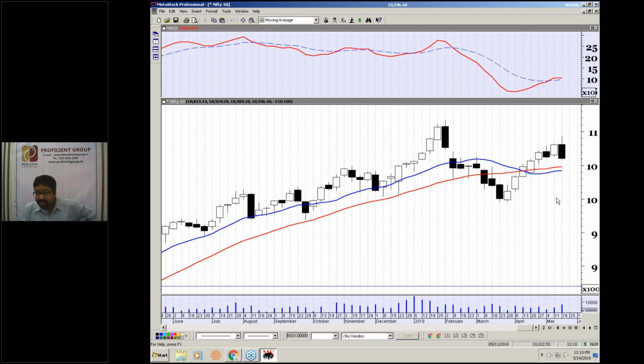So this is entirely covering the previous week's candle, and this is a sort of bearish candle formation.